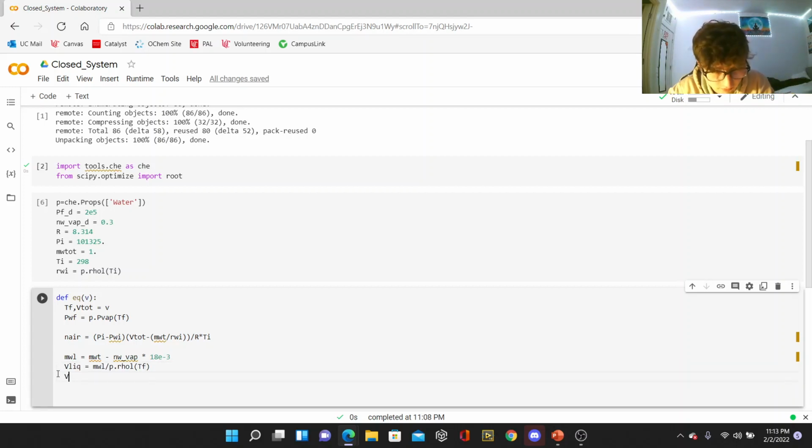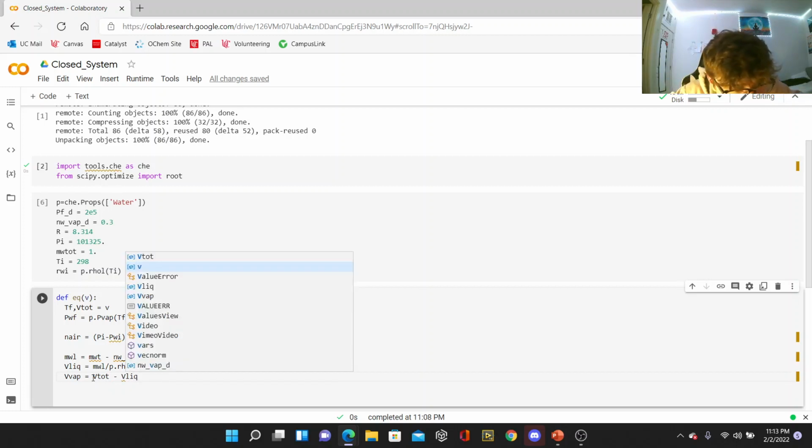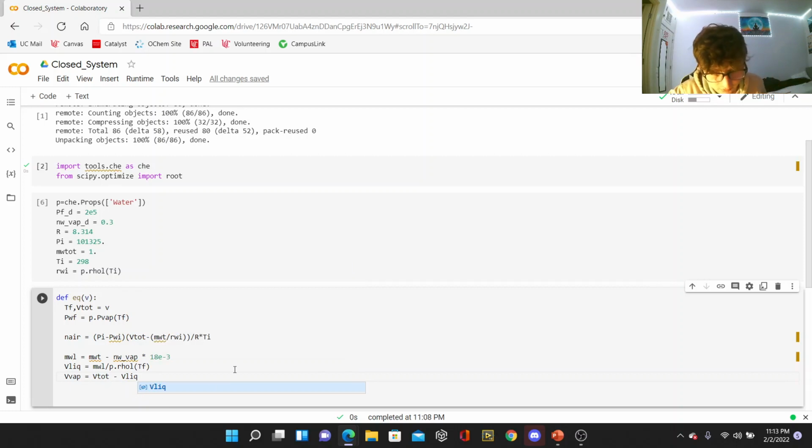Next we have the volume of the vapor, and again I'm just going down the line of what I had written down from 1 to 5 for the 7 unknowns but not goal variables. So we have V vapor equals V tot minus volume of the liquid. I hope I'm keeping up with my variables correctly.